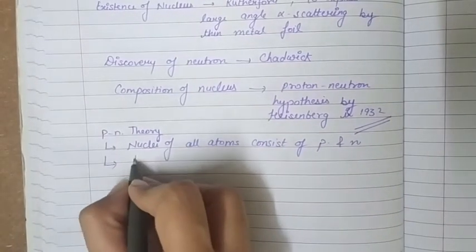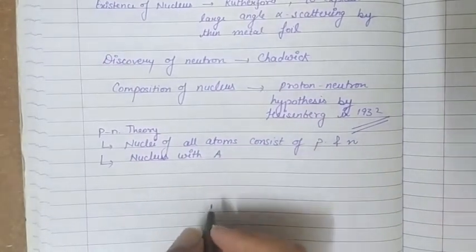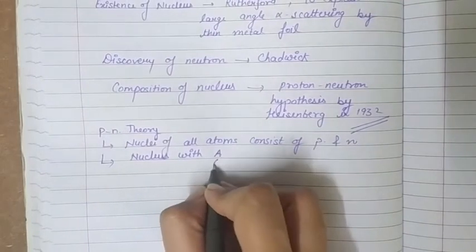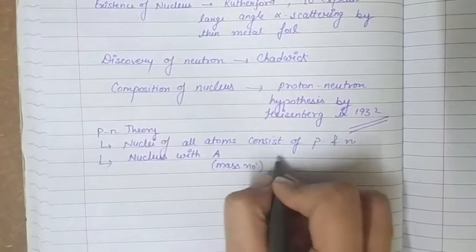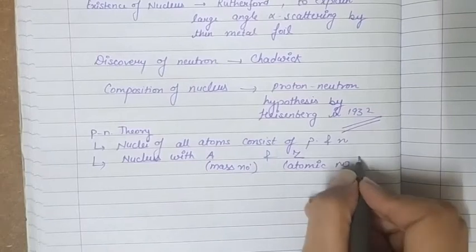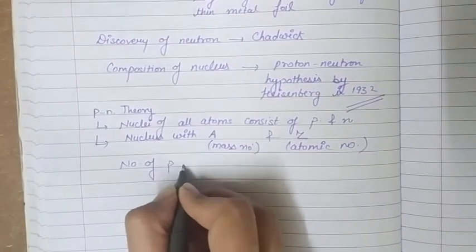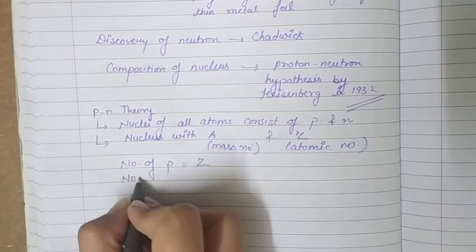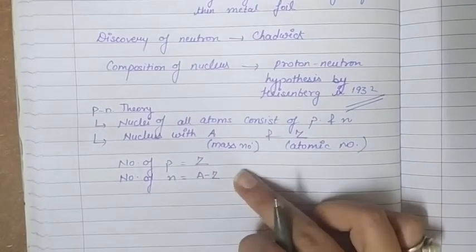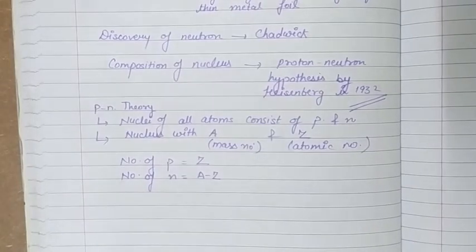So if we have a nucleus with mass number A and atomic number Z, then the number of protons in it is equal to Z and the number of neutrons in it will be A minus Z. So the number of protons present in the nuclei is equal to the atomic number, and the number of neutrons present is equal to the difference between mass number and atomic number.